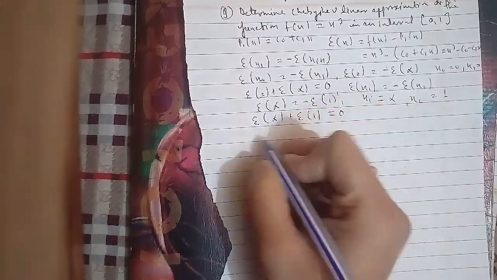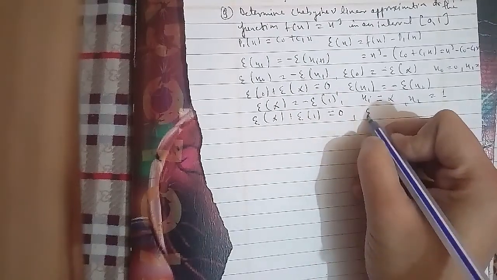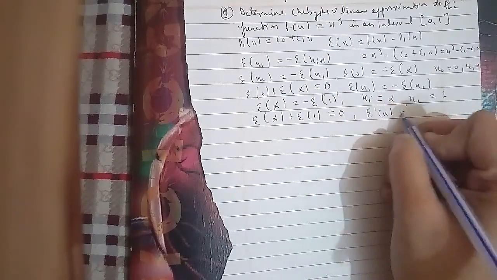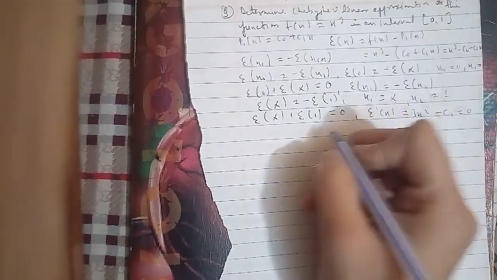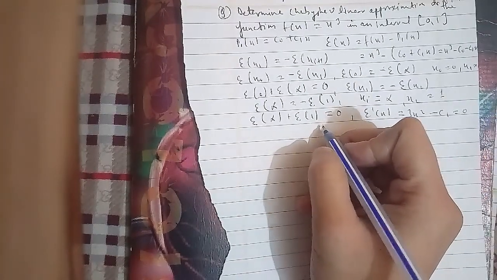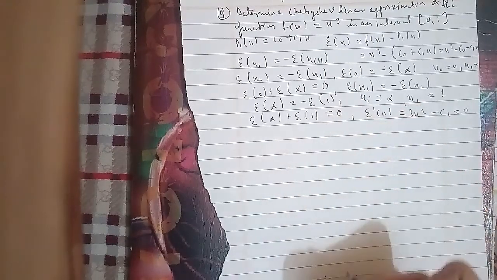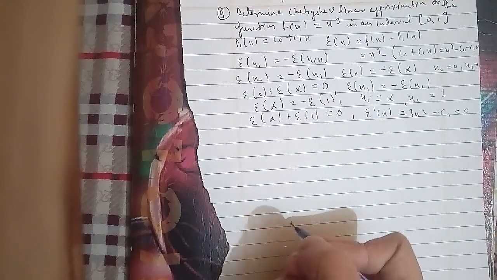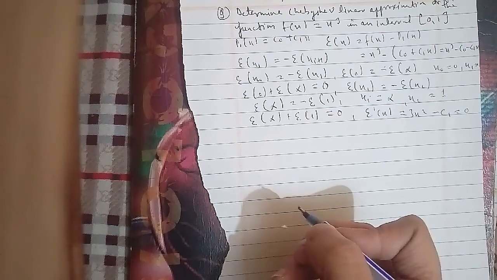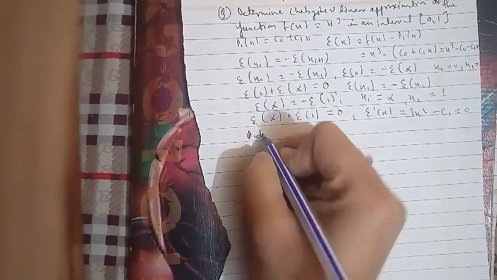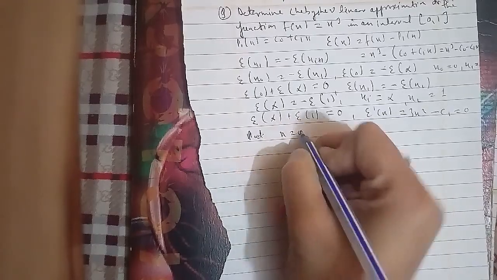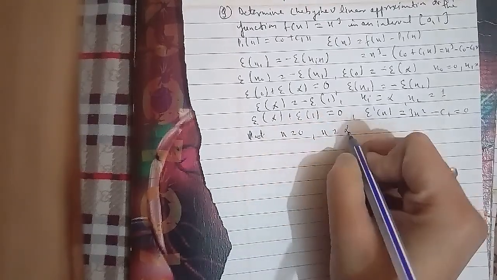For that, e dash x equals 3x square minus c1 equals 0, and here x equals alpha, so 3 alpha square minus c1 equals 0. Now we have to put the values x equals 0 and x equals alpha in the equation.